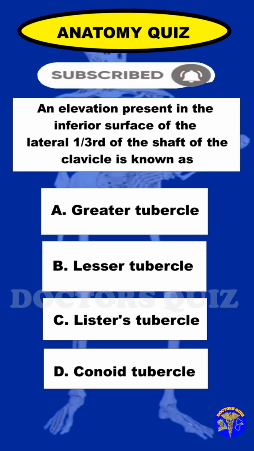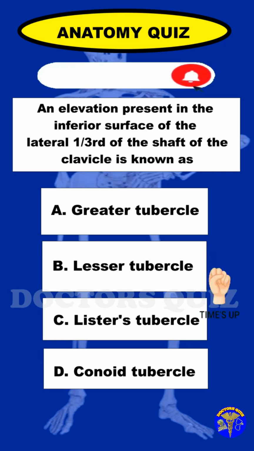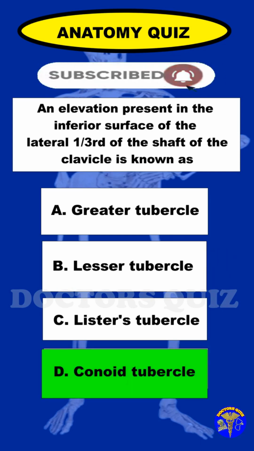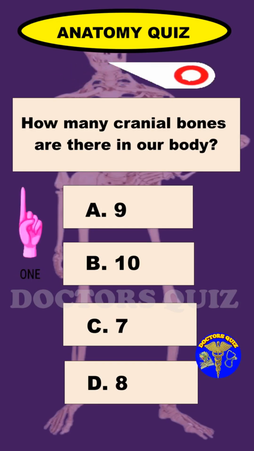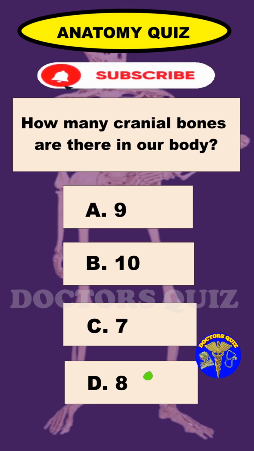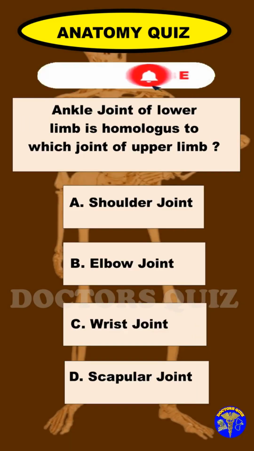An elevation present in the inferior surface of the lateral one-third of the shaft of the clavicle is known as conoid tubercle. How many cranial bones are there in our body? 8.